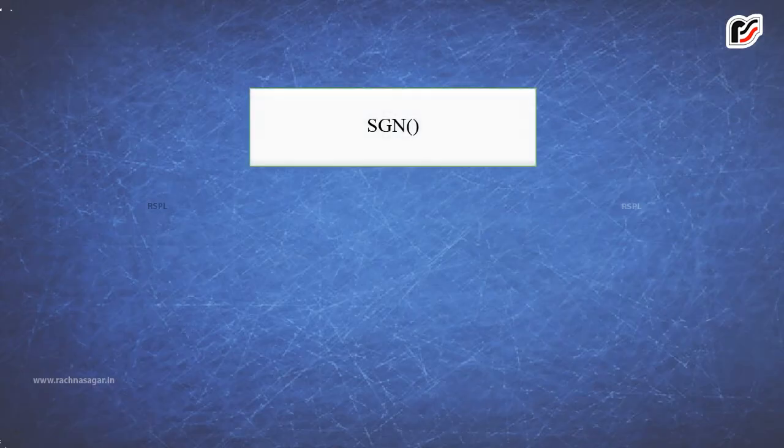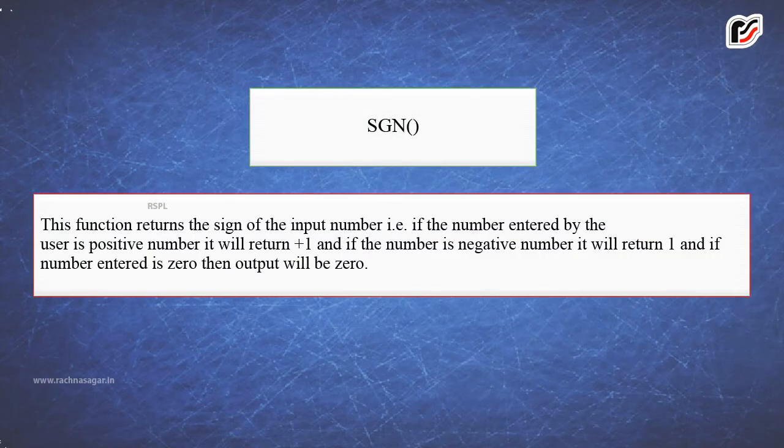SGN. This function returns the sign of the input number, that is, if the number entered by the user is a positive number, it will return +1, and if the number is a negative number, it will return -1, and if the number entered is 0, then the output will be 0.